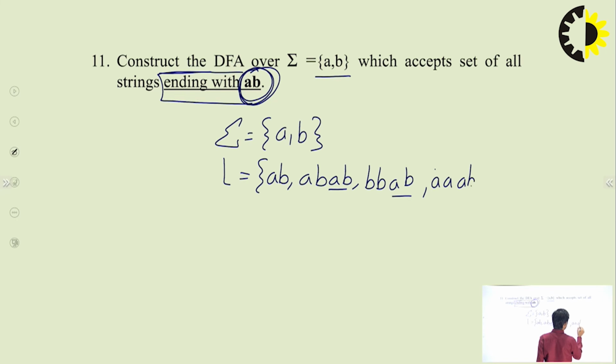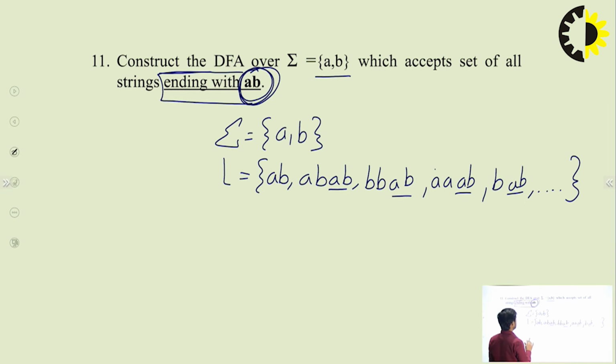A, B, this also ends with AB. B, AB, this also ends with AB, and so on infinitely. So construct the NFA first, because construction of an NFA is easy compared to a DFA.